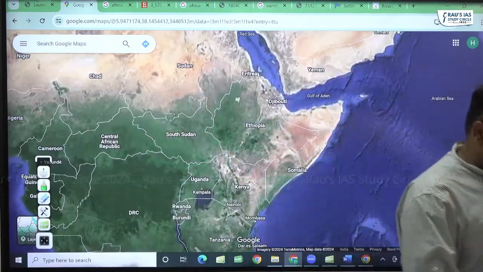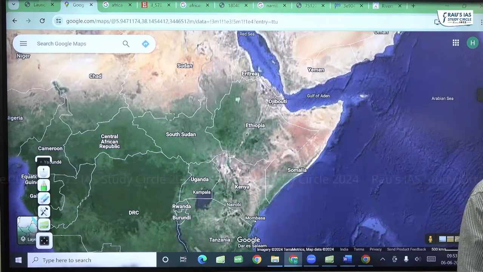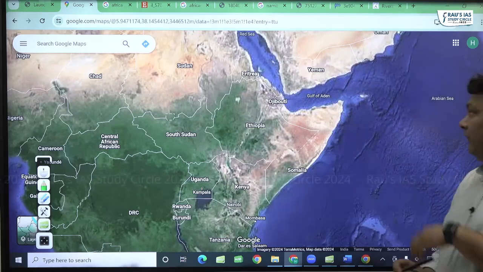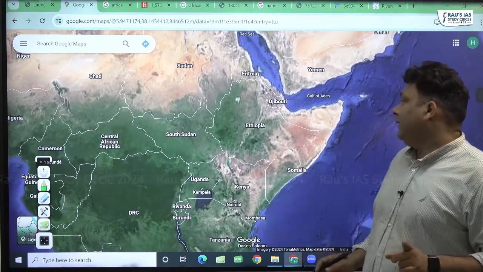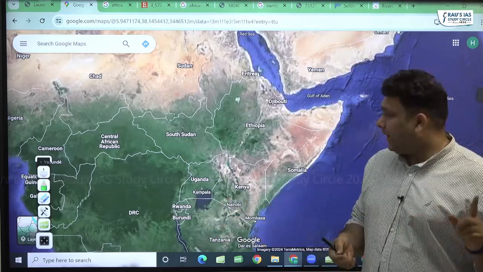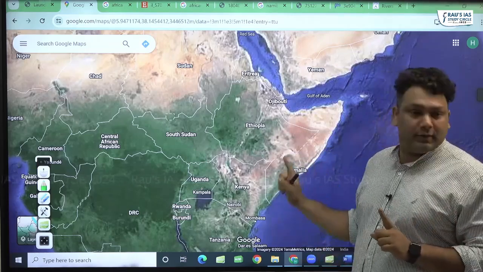Ethiopia is a landlocked country. Again, it becomes very important because Ethiopia has been funding a separatist movement in Somaliland because it wants to have access to the sea coast.